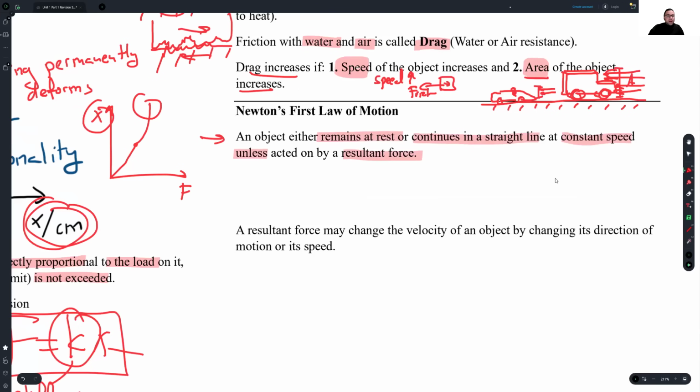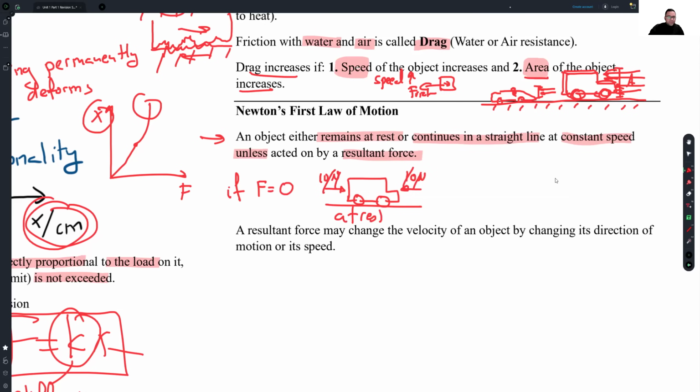What do I mean? I mean that if the resultant force on an object is zero, meaning if I have a car that's at rest and then I decide to push it with a 10 Newton force to the right, and you decide to push against me with a 10 Newton force to the left, it stays at rest.